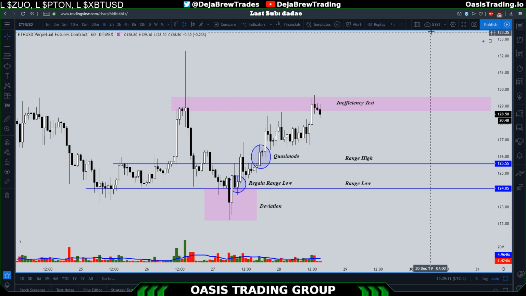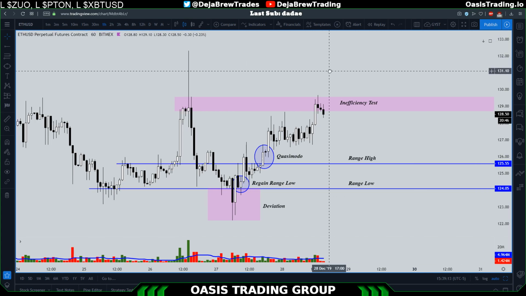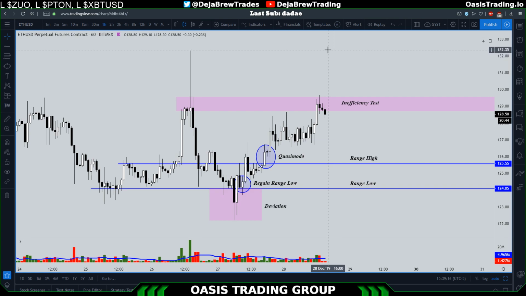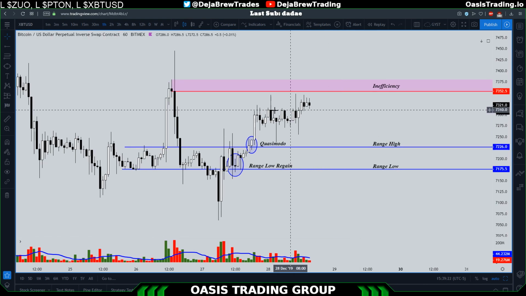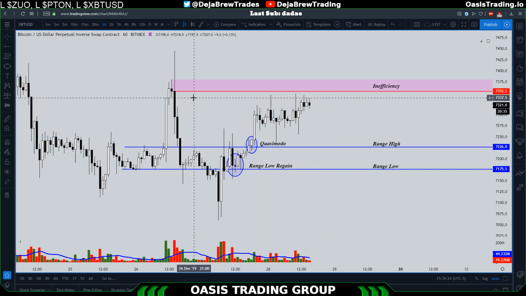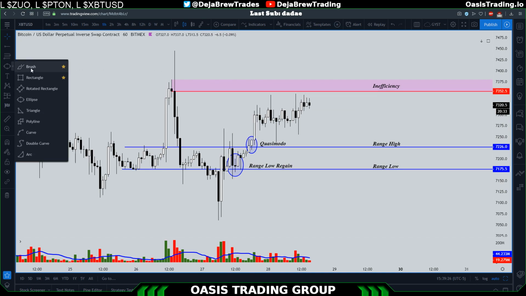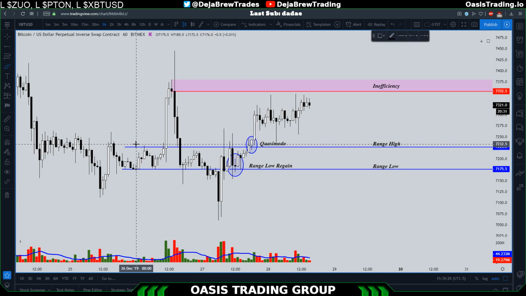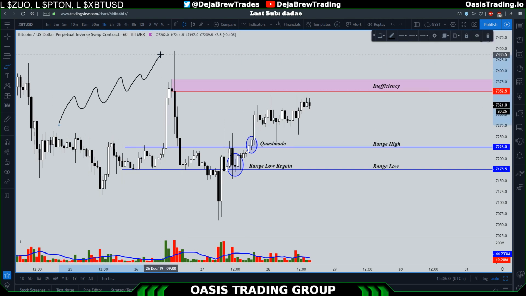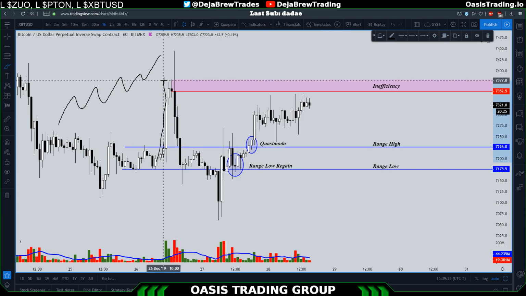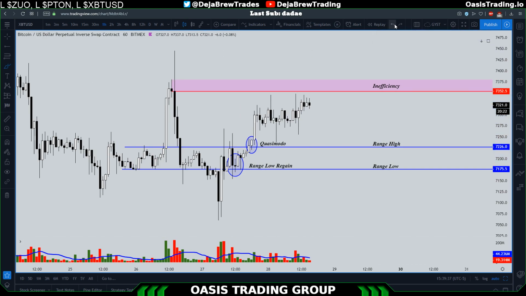So just a basic, like, trying to figure out how to put this into one or two sentences. What an inefficiency, like a point of origin doji, shows you is that either you can have a slow grind up, or you could have a spike up like we see here.